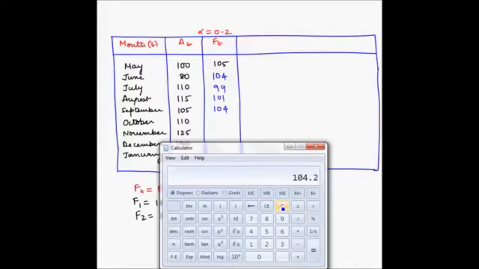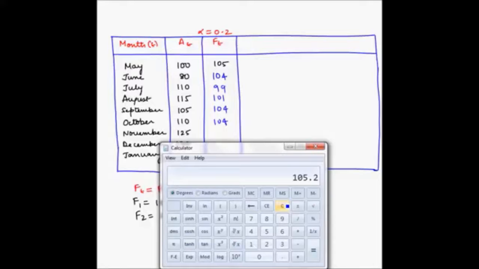So 104.2, we will round it off to 104. Next, for November, 110 minus 104 multiplied by 0.2 plus 104.